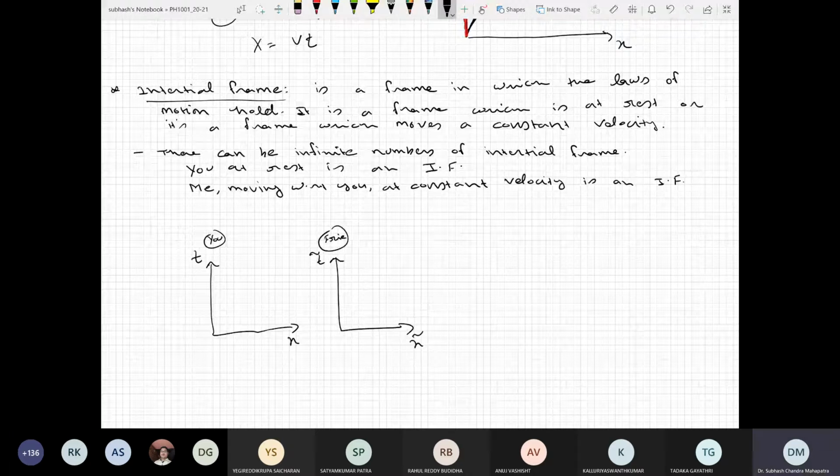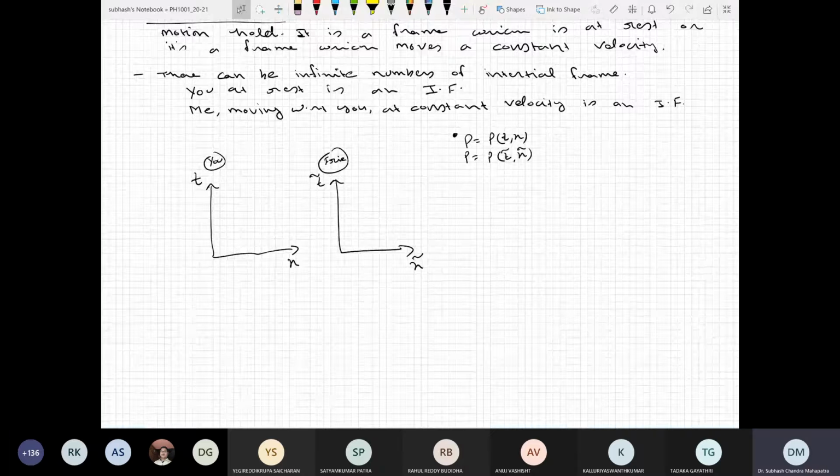Now you want to measure this point, let's say P. This point can be defined by t and x, so you are measuring it, and it can also be defined by t tilde and x tilde, so your friend is measuring it. So there can be many reference frames, in fact an infinite number of reference frames.